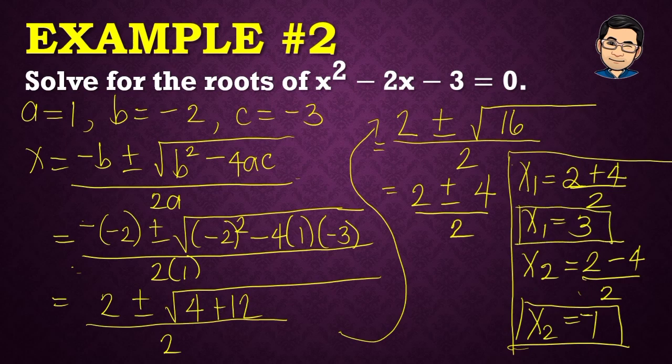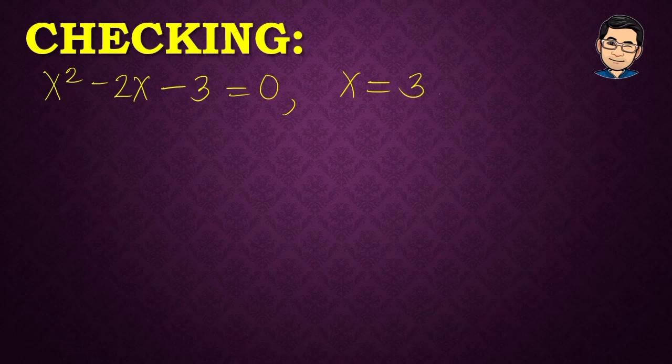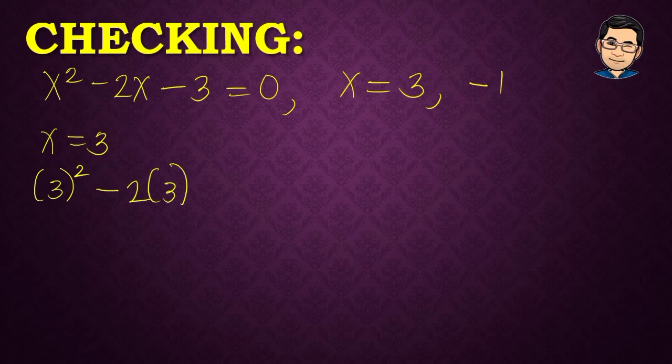So, let's check. X squared minus 2x minus 3 equals 0. So, ang value ng x natin are 3 and negative 1. So, if x equals 3, then 3 squared minus 2 times 3 minus 3 equals 0.